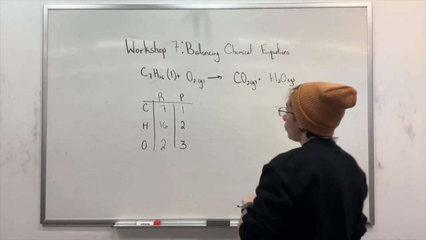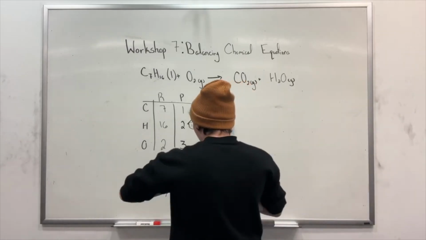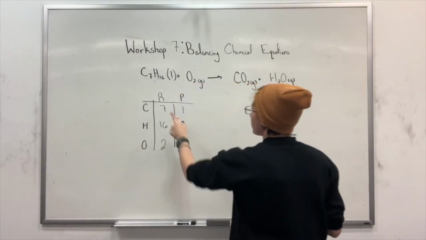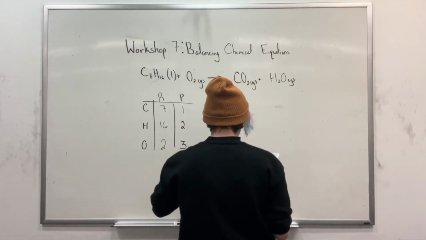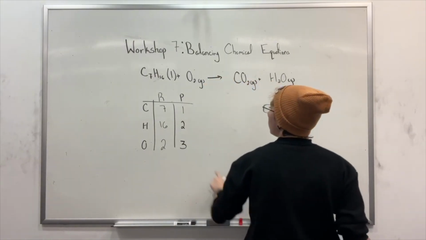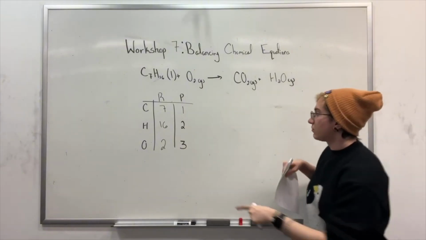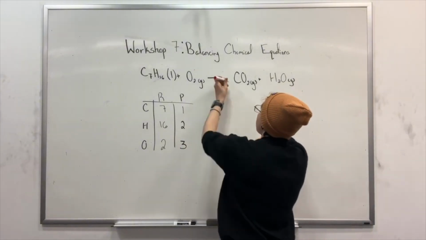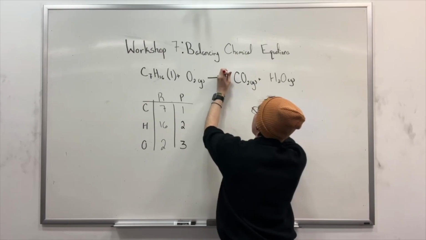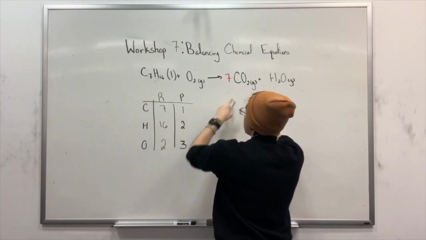So we want to balance our carbons first. If we have 7 on our reactant side and 1 on our product side, the least common multiple of 7 and 1 is 7. So if we need to have 7 on our product side, we're going to multiply carbon dioxide by 7.